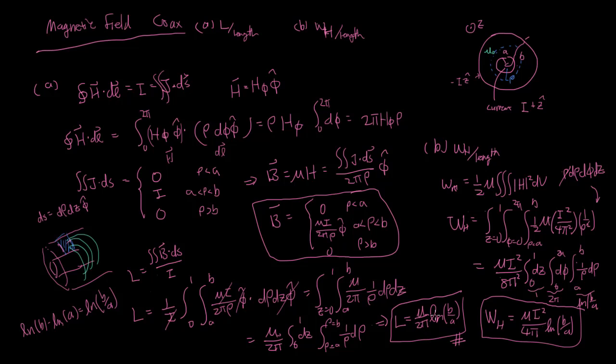One thing to note is that if you look at this, you can also rewrite this. If you plug in that L is equal to mu over 2 pi natural log of b over a, you can rewrite this as 1/2 of, so if you pull out a 1/2 here, you're left with 1/2 mu I squared over 2 pi natural log of b over a.